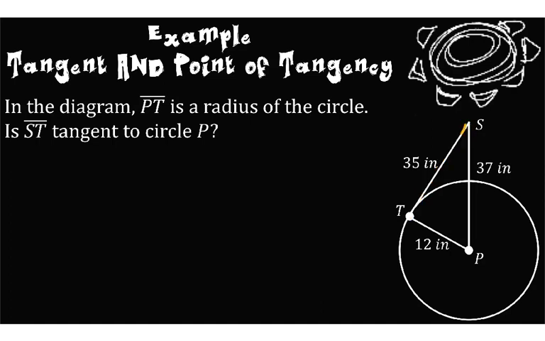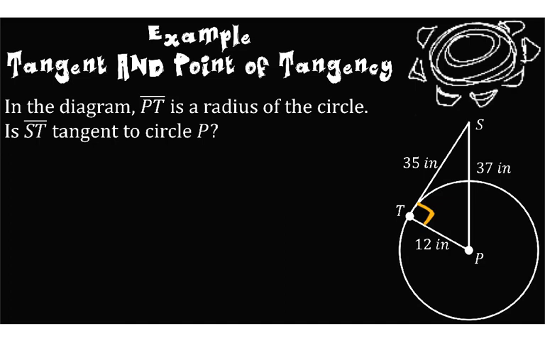Now it's important that ST, if it continued on, if it is tangent, only touches in one place. So it continuing on is important there. Now, if it is tangent, then we know this is a right angle because we have a radius that touches the circle at point T, that's its endpoint. And ST is the segment that we are curious about being tangent.